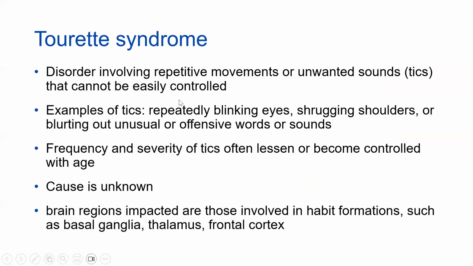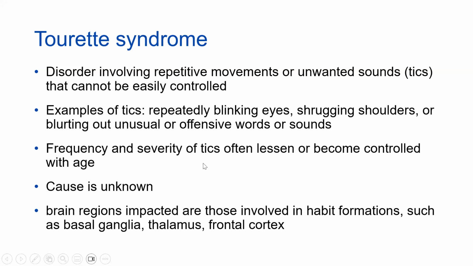Tourette syndrome is a disorder involving repetitive movements or unwanted sounds or tics that cannot be easily controlled. Examples of tics could be repeatedly blinking eyes, shrugging shoulders, or blurting out unusual or offensive words or sounds. The frequency and severity of tics often lessen or become controlled with age.